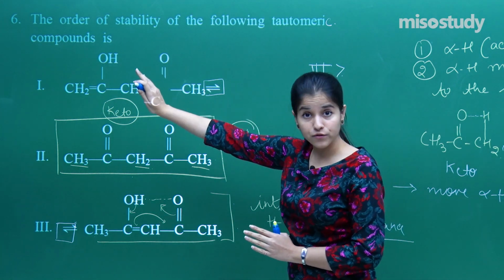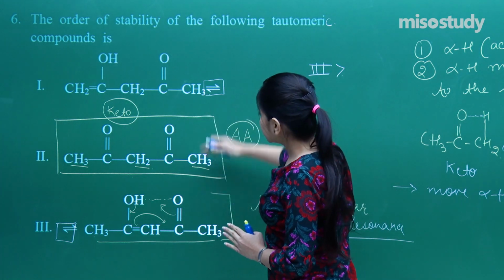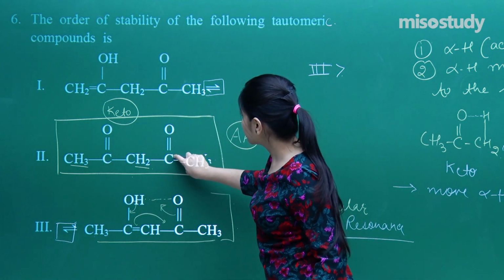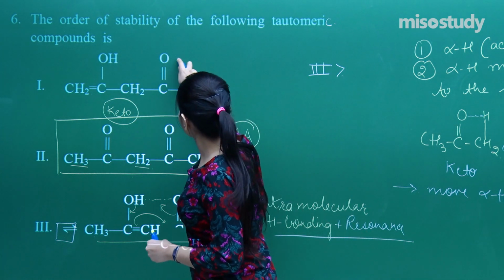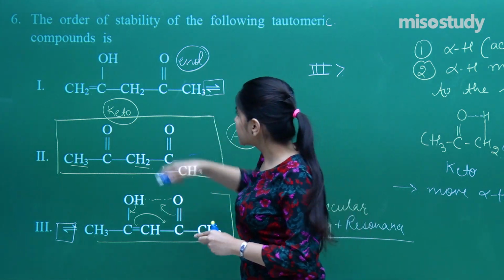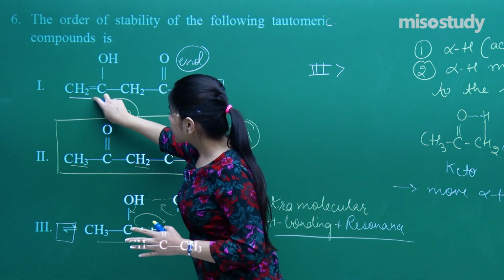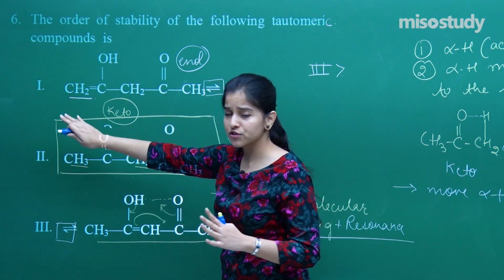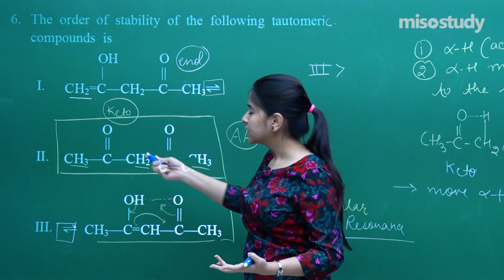I need to find out the order of the stability. Now let's look at these 2. What are these 2 compounds saying? If you see over here, this is a proper keto form having 2 keto groups. And if you look at here, again an enol form. And if you look here very carefully, this enol form is not very stable, because the acidic hydrogen that has been removed is from this very carbon, making a very unstable kind of structure, because this is not so acidic as compared to this.